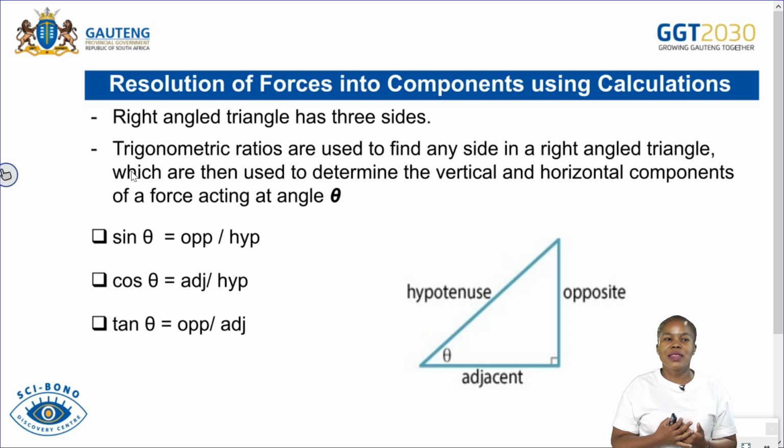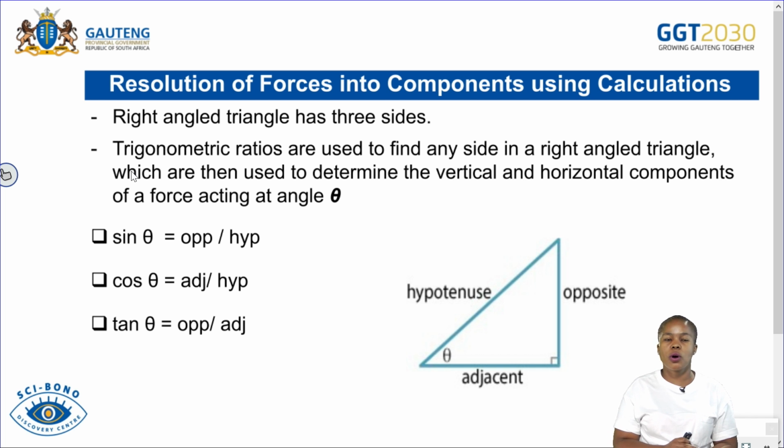Playing around with these trigonometric ratios allows us to find the vertical and horizontal components. That's why we say trigonometric ratios are used to find any side in the right angle triangle, which are then used to determine the vertical and horizontal components of a force that is acting at an angle theta.